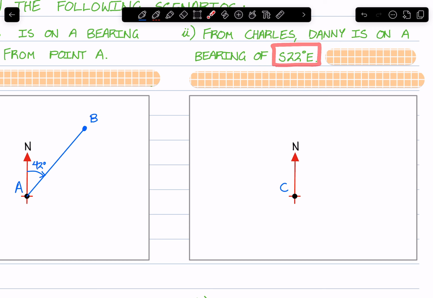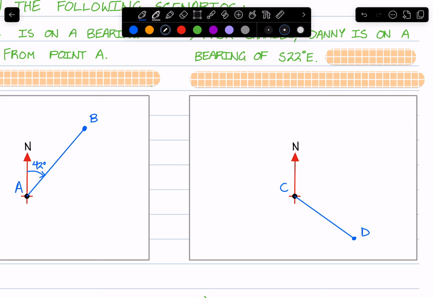So using compass bearings now, south. So starting from south, we're going to turn 22 degrees towards the east. So our diagram should look something like so. And Danny is off to the side here. Let's complete this. And it's showing that this is 22 degrees.